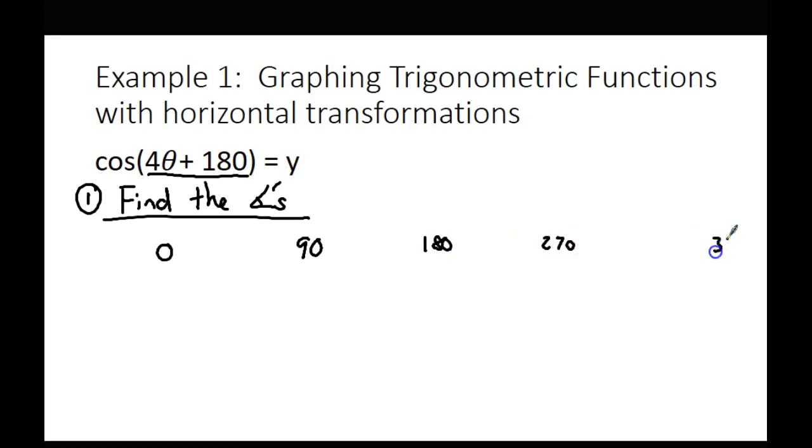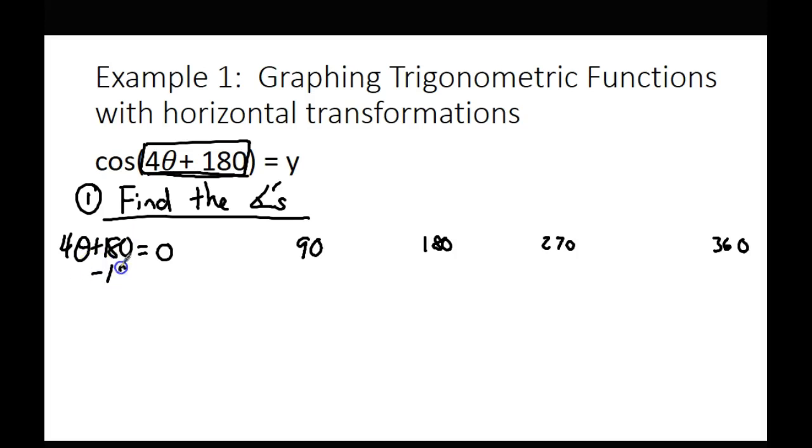Now I'm leaving a lot of space here, and you'll see why. What I'm going to do is set each of these angles equal to the inside, because I want to find out what theta would have to be to give me that same angle of 0, right? Because that's what the transformation is going to be.